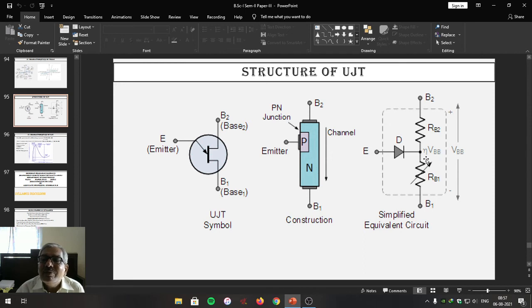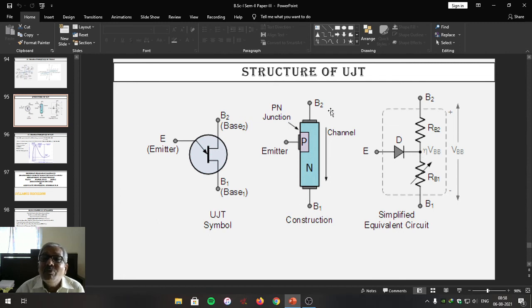Naturally, the voltage required to develop across the junction, that is VEE, should be eta times VBB, where eta is the intrinsic standoff ratio, that is RB1 upon RB1 plus RB2. It is of the order of 0.7 in magnitude.